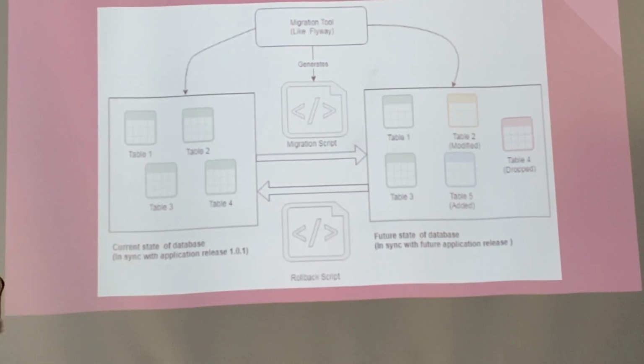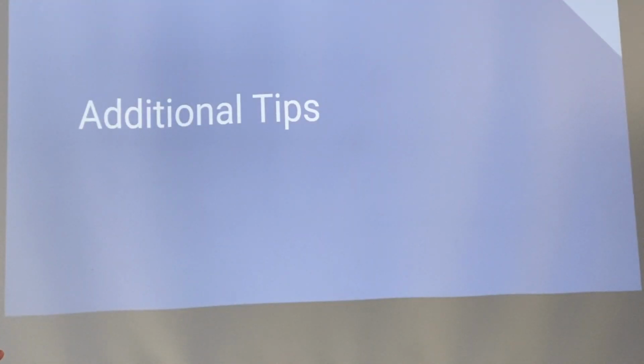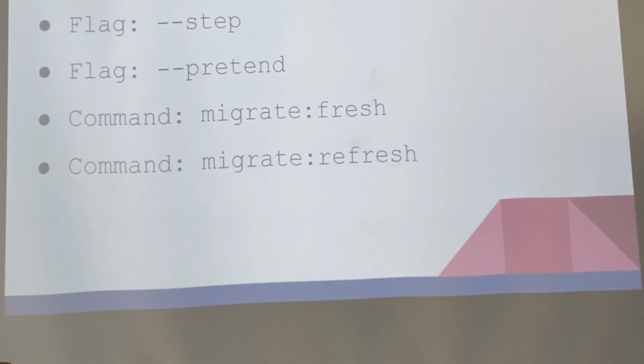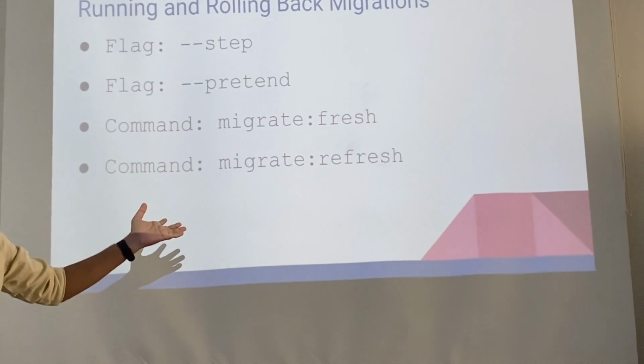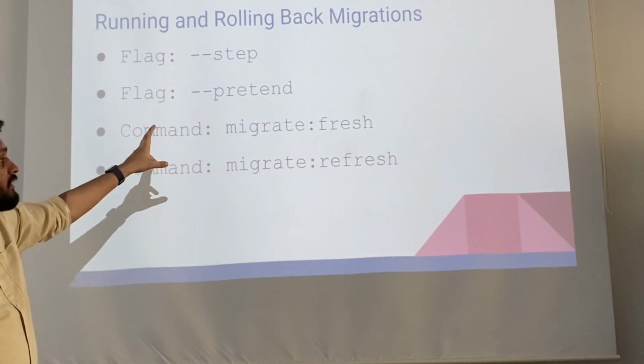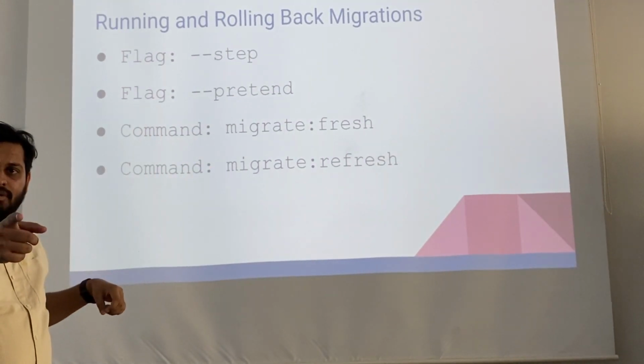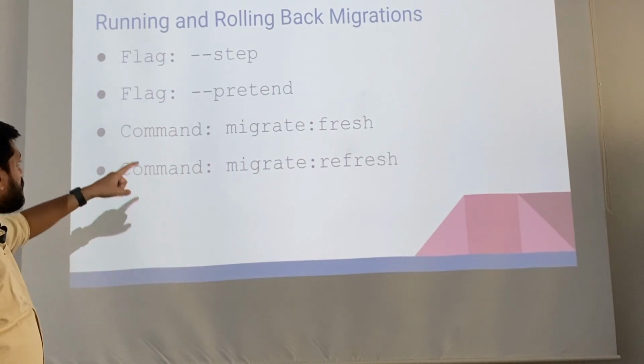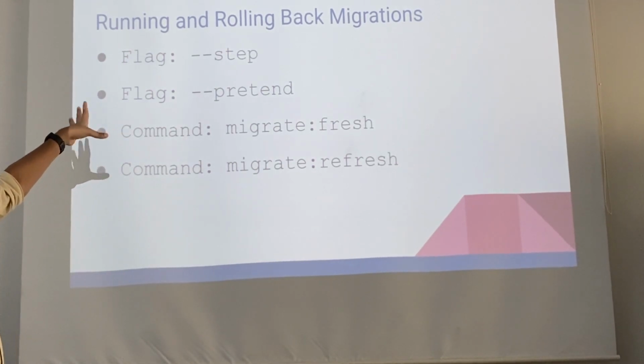Now we'll go to additional tips. This is where even the more experienced person can chip in, probably add more stuff which I have missed. Let's start with the flags.